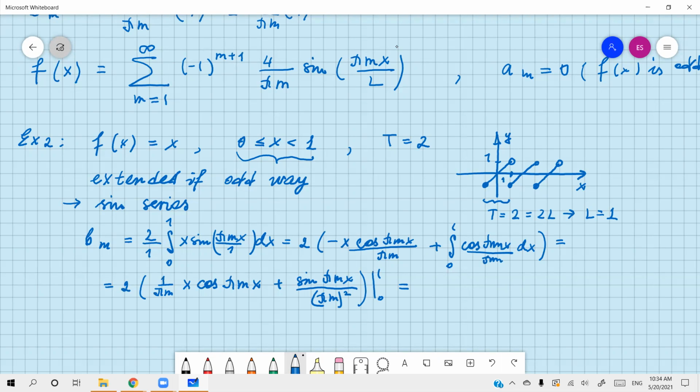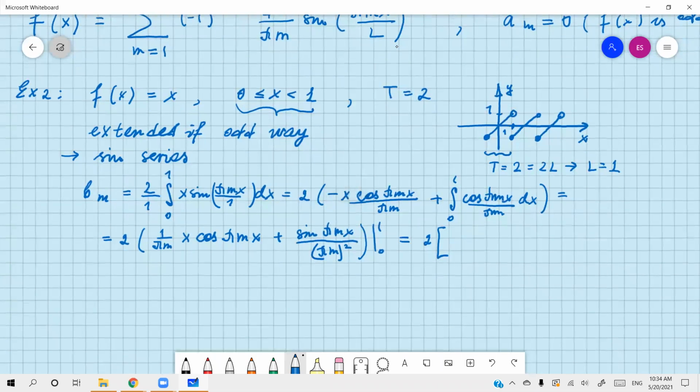Okay, well, let's do first 1, right? So we have 2 square brackets. Substitution of 1 here is going to give me cosine of pi m over pi m plus sine of pi m over pi m squared minus, guys, I'm missing a minus here.